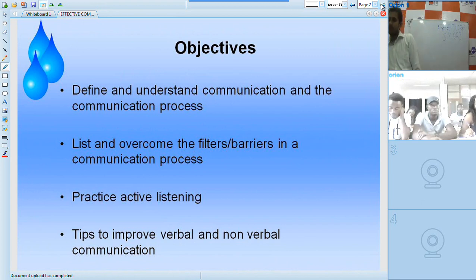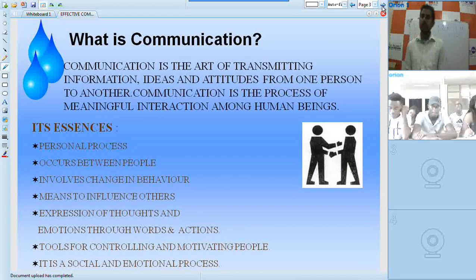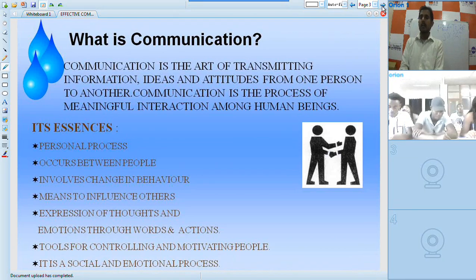So we'll move to the next slide. The main topic, what is communication? Communication is the art of transmitting information, ideas, and attitude from one person to another. Communication is the process of meaningful interaction among human beings.